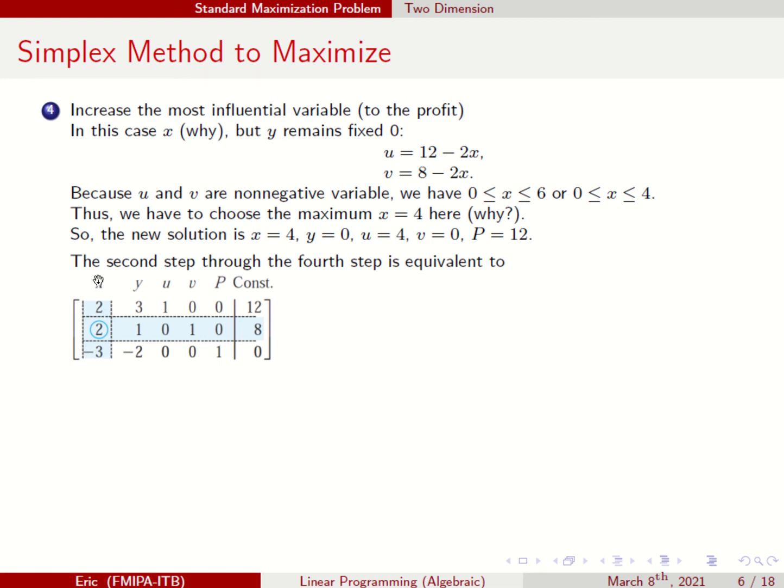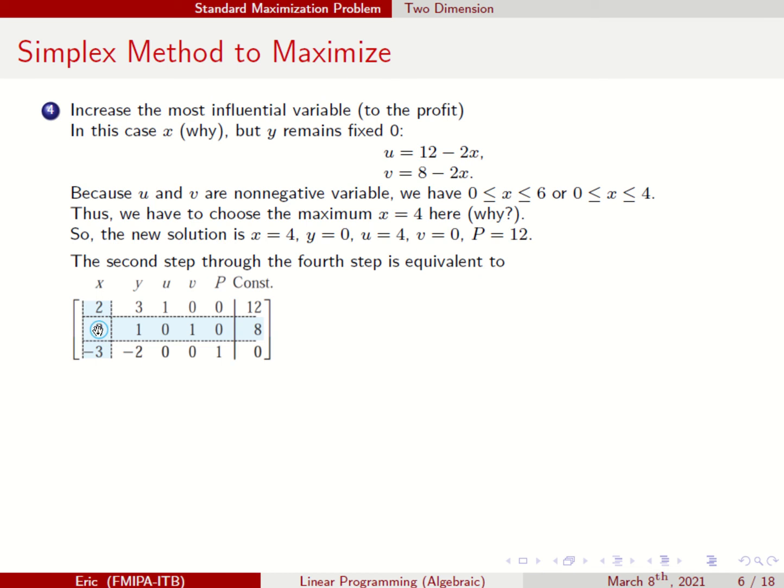So you choose this as your pivot column, and then you choose which row. 12 divided by 2 here, or 8 divided by 2, 4. So you have to choose the smallest ratio. So you choose this as your pivot element.